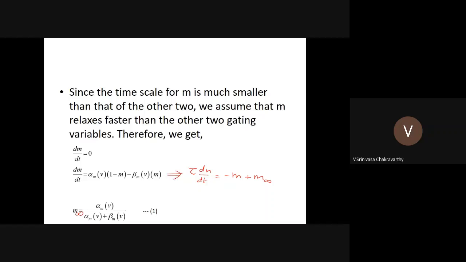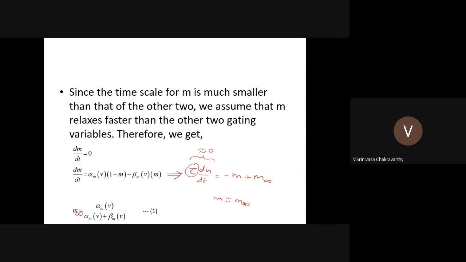When you write it in that form, the tau defines the time constant that tells you how quickly m approaches m infinity. If tau is very small, it means m approaches m infinity very fast. So we'll just assume that at any given instant, m is approximately equal to m infinity. If tau is small, this whole thing becomes approximately 0, so m becomes approximately equal to m infinity, which means the variable is quickly attaining equilibrium.